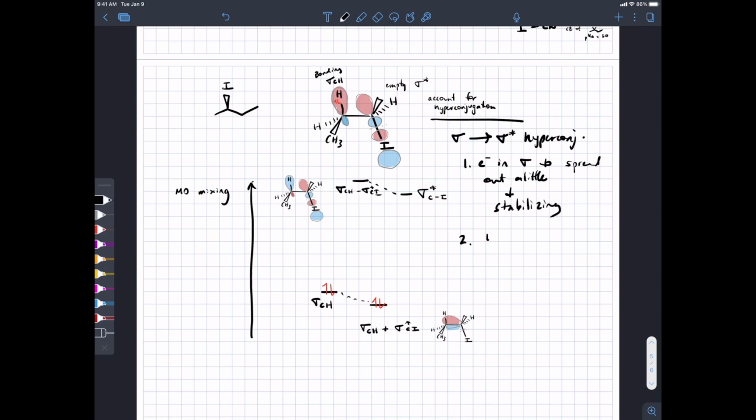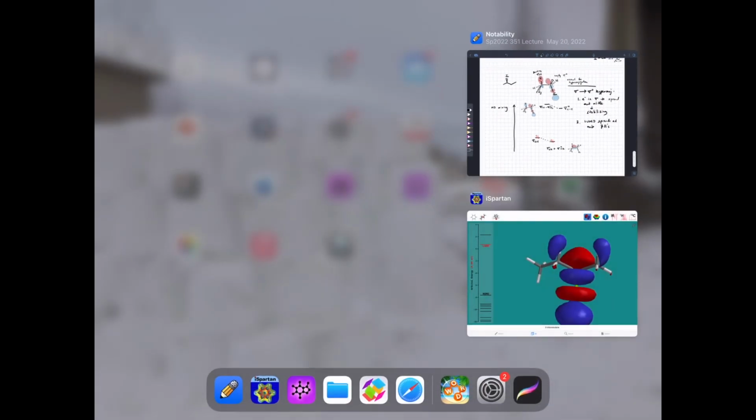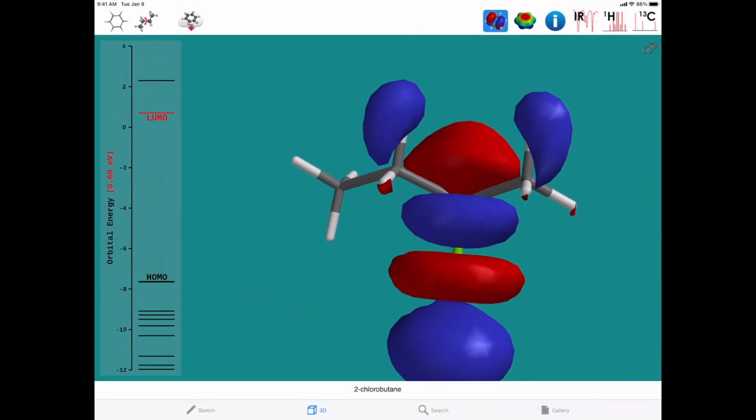And second, the LUMO spreads out onto the beta hydrogens. Okay, and if you can remember that, then you'll have the result of high-level quantum mechanical calculations in your mind without doing any math at all.